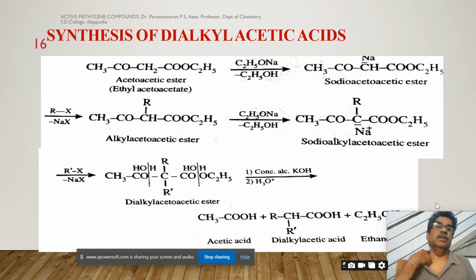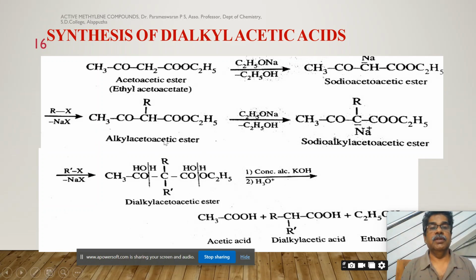The next one is the synthesis of dialkyl acetic acids. In the previous case, we replaced only one active hydrogen. In this case, we are replacing two active hydrogens. Both active hydrogens are replaced.